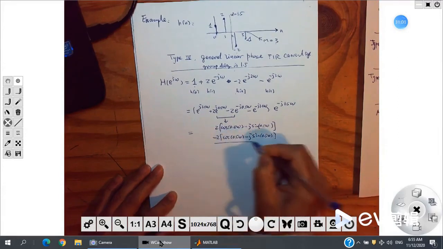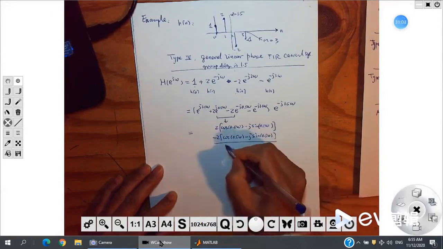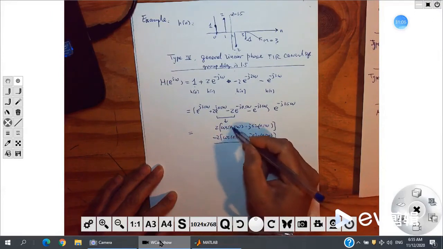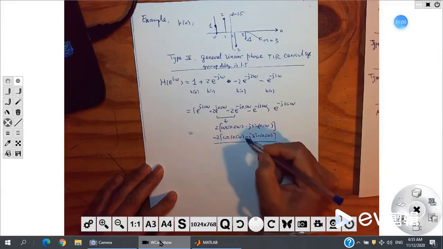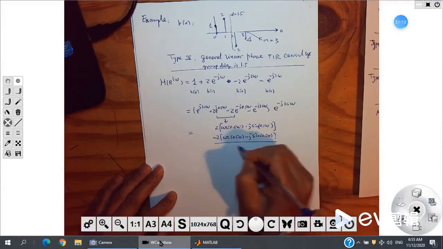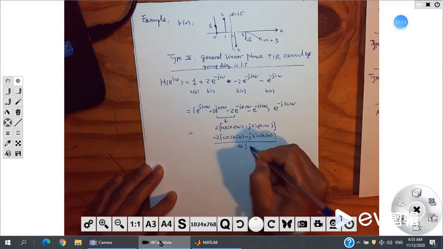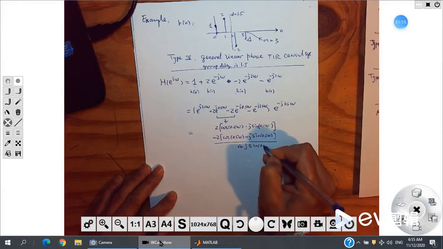So you sum these two terms: this one minus this one, they cancel; this one minus the negative of this one, so they add. So we have 4 of j sine of 0.5ω.